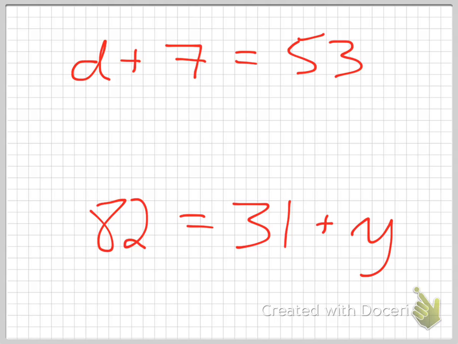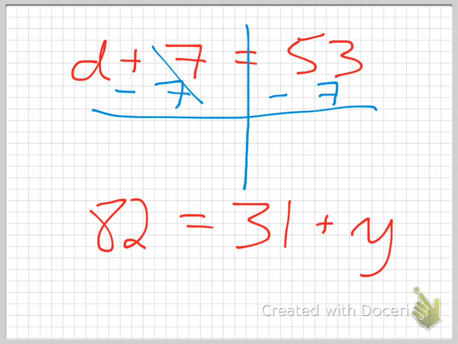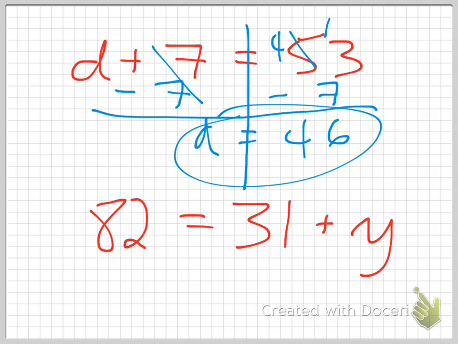First step. Thank you. Line down the equal sign. Is the variable happy? No, why not? There's a 7 there. What's the 7 doing to him? Adding to him. How is he going to get rid of that plus 7 then? Minus 7, minus 7. D equals 53 minus 7. D equals 46. How many of you got D equals 46?